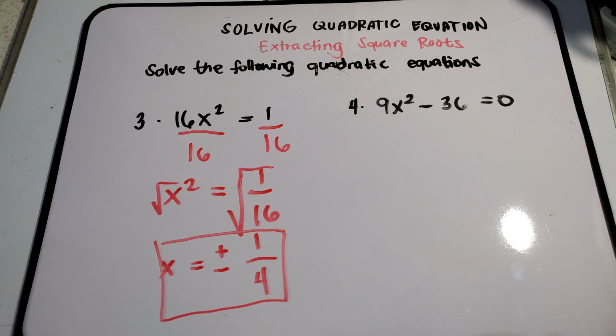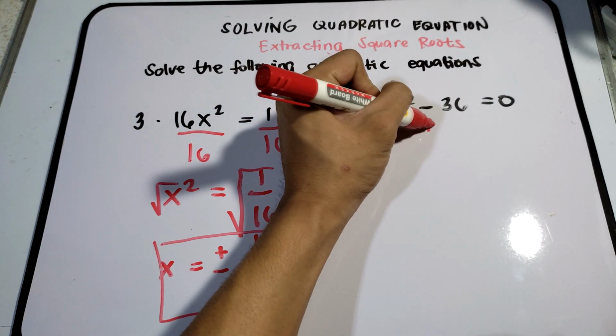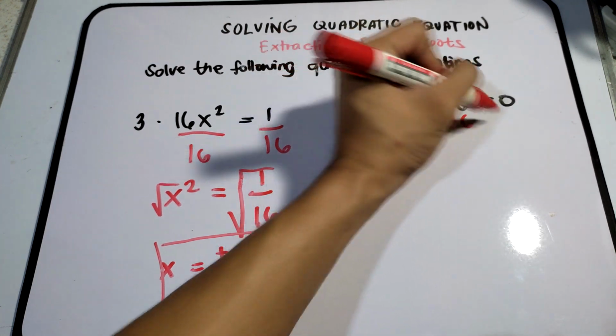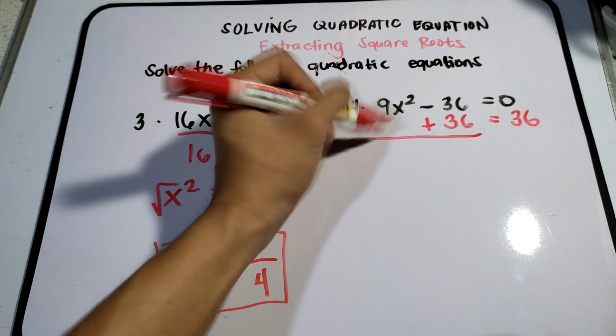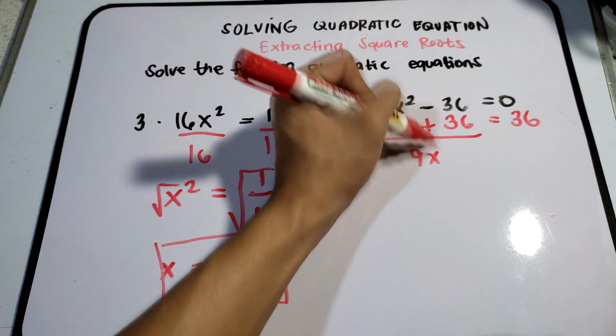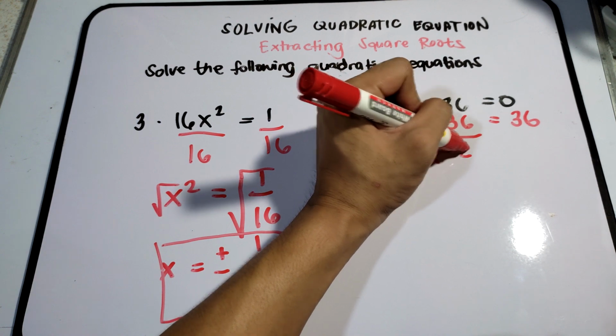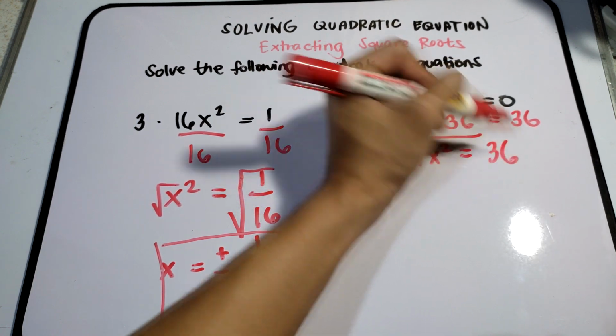Next example is example number 4. 9x squared minus 36 is equal to 0. So we need to eliminate 36 on the left side. So we will add 36 on both sides of the equation, and we will simplify this. 9x squared is equal to 36.